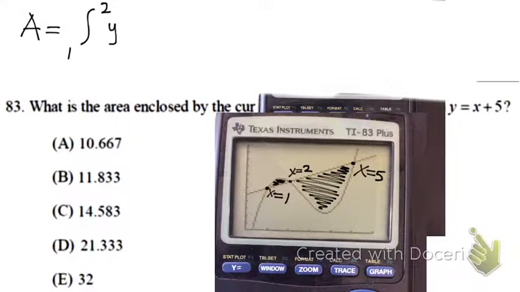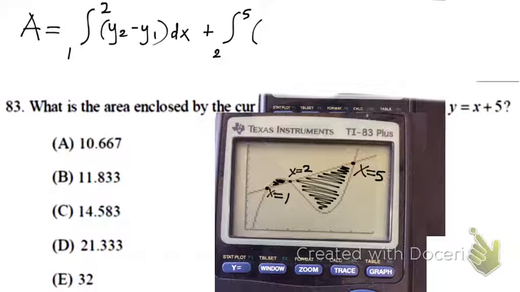So in my case, that's going to be y2 minus y1 dx. Plus, the second area, this larger area over here, is the integral from 2 to 5. And now they need to switch. I have my linear minus my cubic. So in my calculator, it's set up as linear being y2 and the cubic function being y1.